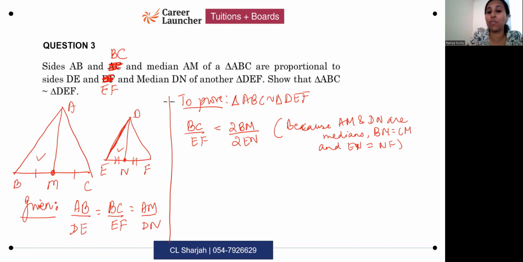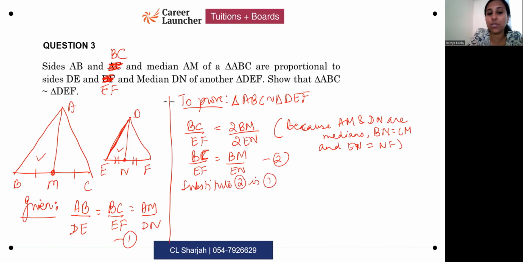Why do I say there's enough information? BC by EF is equal to BM by EN. I meant 2BM by 2EN, the 2 gets cancelled. So BC by EF is equal to BM by EN, right? This is 1, this is 2. Substitute 2 in 1.